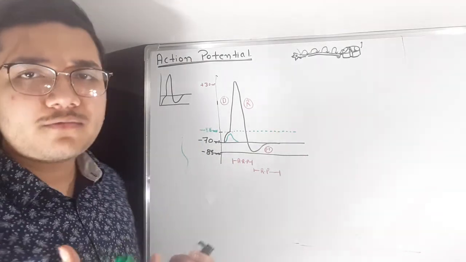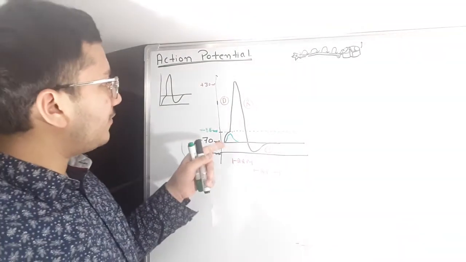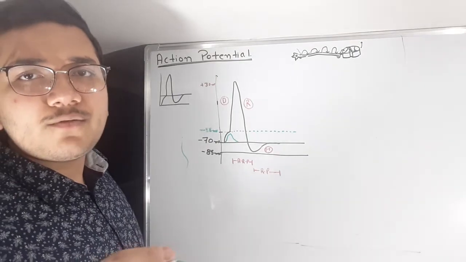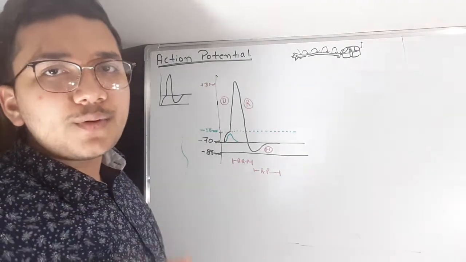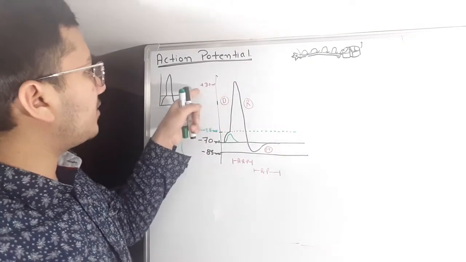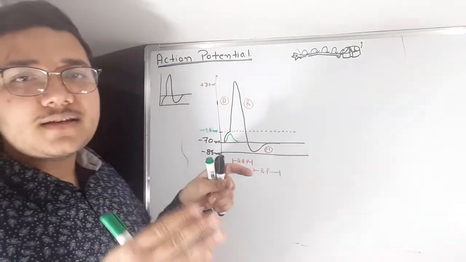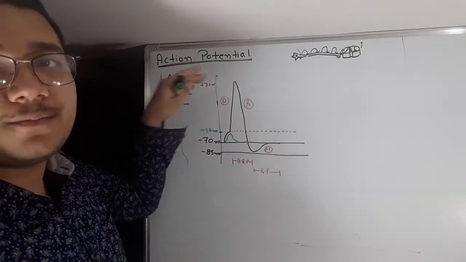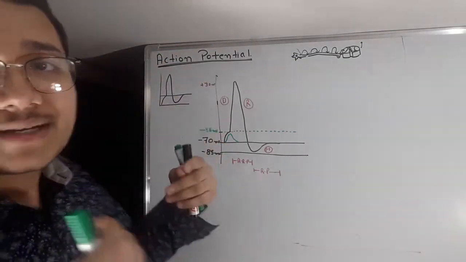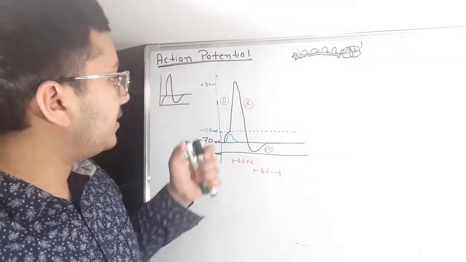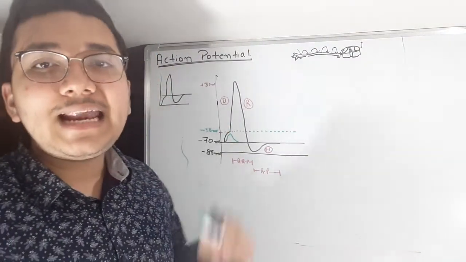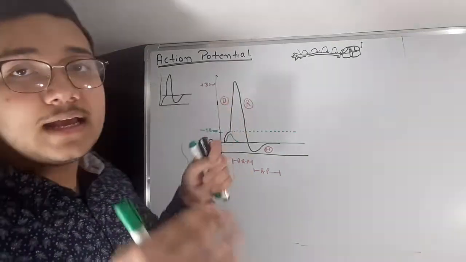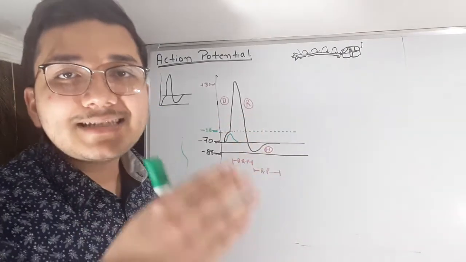Now here we have a very interesting concept: if the inactivation gates of the sodium voltage-gated channel did not close, then this positive charge, the plus 35 millivolt, would keep going to equilibrium at plus 65 millivolt. So Na+ would keep getting inside the cell until the equilibrium potential is achieved, up to the value of plus 65 millivolt.